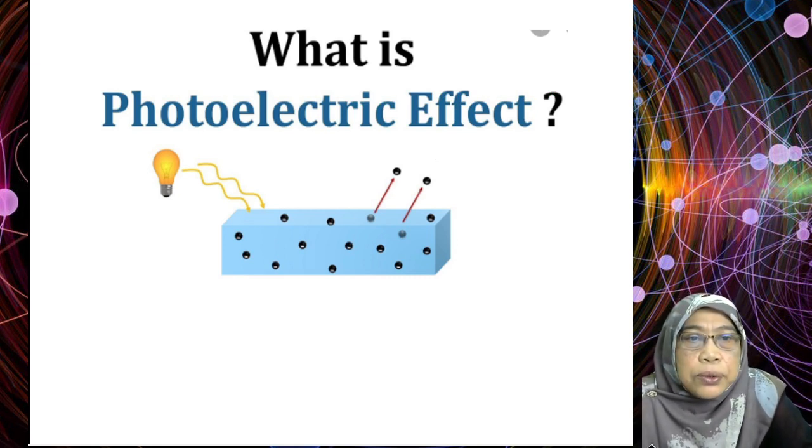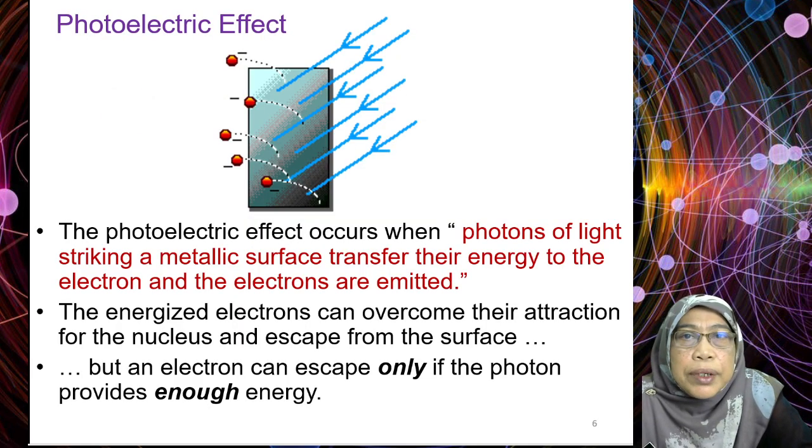So what is the photoelectric effect? Okay, you have learned about this in the previous lecture. Just to recall, the photoelectric effect: when you have photon energy or light striking a metallic surface, any metal surface, all the photon energy transfers to the electron inside the metal, where you have the free electron, and then the electron will be emitted and escape from the surface of the metal.